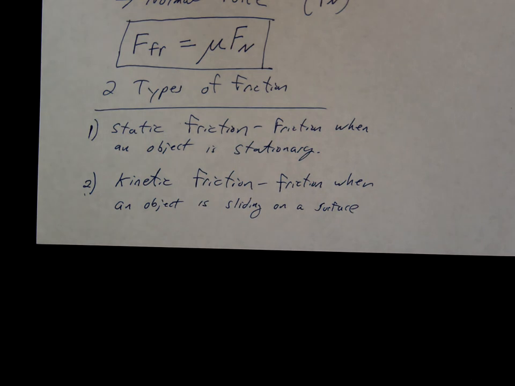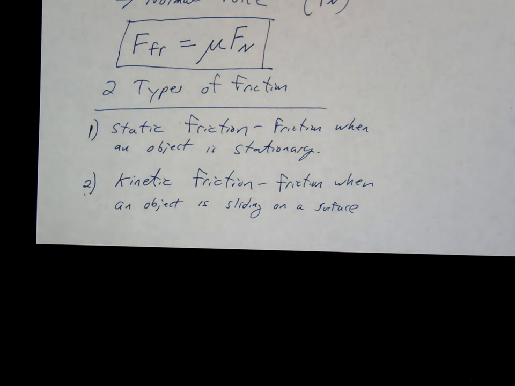Now, once it does start sliding, what kind of friction is it at that point? Kinetic friction. So static is before it's moving. Kinetic is now once it is moving. If that helps you remember it, that's a good way to do it. Definitely with the kinetic case, it works.